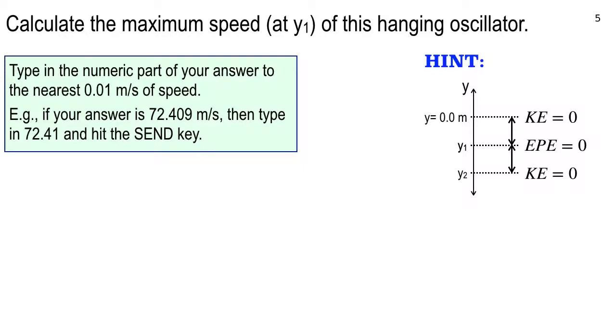Think in terms of the energies. That's the hint. The energy diagram. Have we ever done an energy levels problem where we had to figure out a speed? Free fall. We did energy levels, basketball. Now that was free fall, a completely different system.